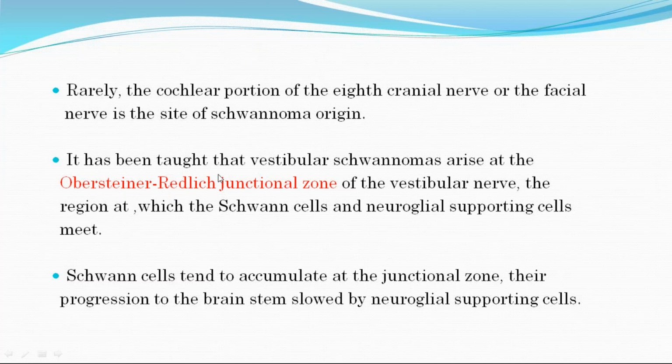It has been thought that vestibular schwannoma arises at the Obersteiner-Redlich junction zone of the vestibular nerve, the region at which the Schwann cells and the neuroglial supporting cells meet. The neuroglial supporting cells come along with the nerve from medial to lateral. As the Schwann cells grow, these neuroglial supporting cells oppose them, and then the Schwann cells start heaping up.